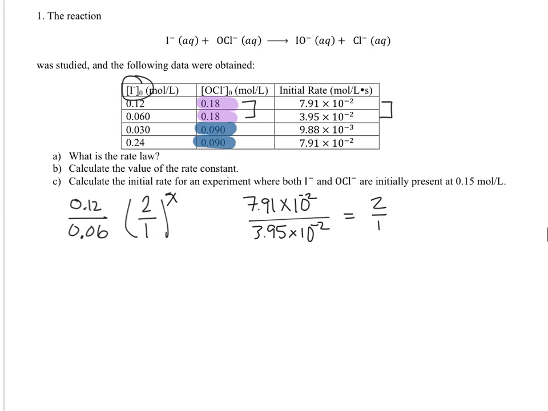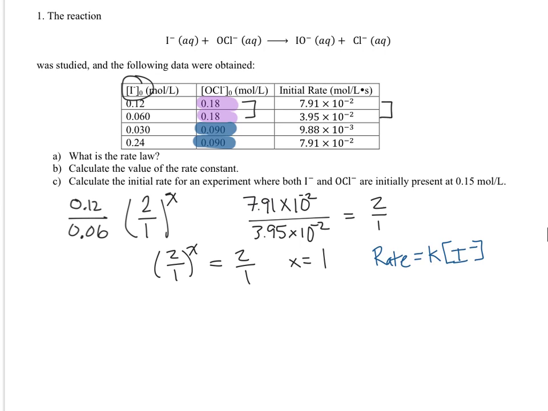So really what I'm comparing is I'm trying to see if this change in reactants concentration affects the rate. And it looks like that these are directly proportional. The x in this case is going to be equal to 1. Now, I visualize my rate law forming a little bit in my mind, and I know that that rate's going to be equal to a k, and that the iodide concentration will be first order.